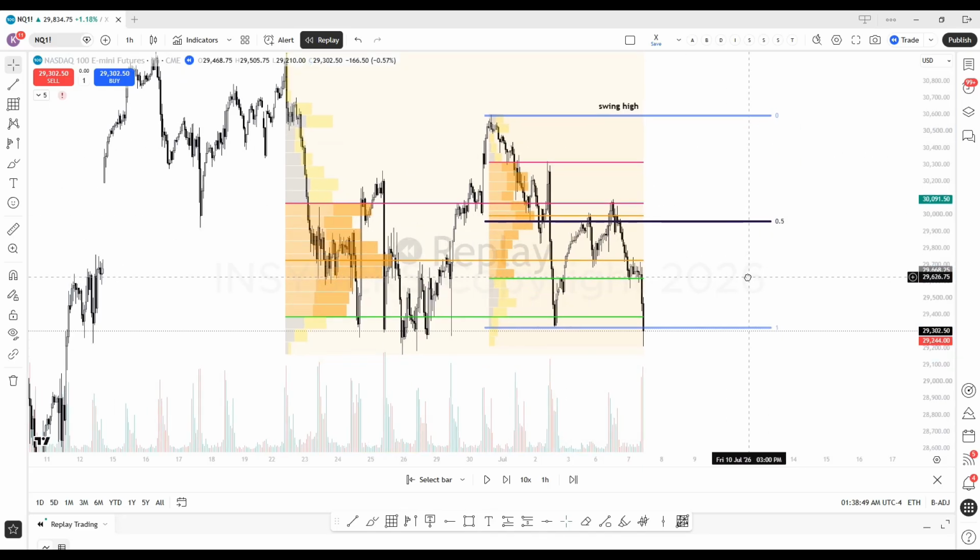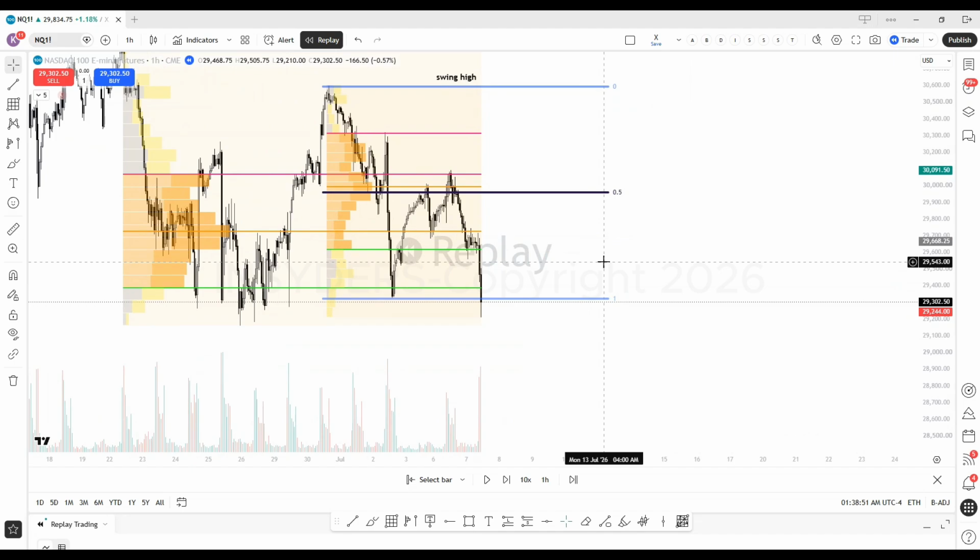When things line up like this, you usually want to relate the more extended profile to higher time frame structure, the same way we say that higher time frame structure is more trustworthy than lower time frame structure.